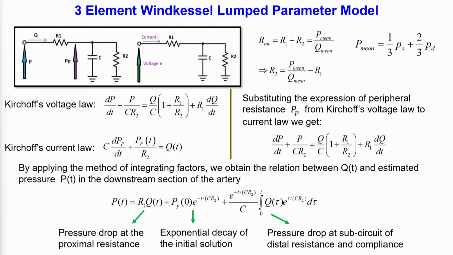and R1 into dQ/dt is the voltage drop due to the current in R1, because current is dQ/dt. The sum of these on the right hand side is the total voltage drop if you are traversing the path: the charges flow along R1, then are stored at C. Similarly on the left side, you have dP/dt, from the first node, and if you imagine the flow path through R2, that is P by C R2.